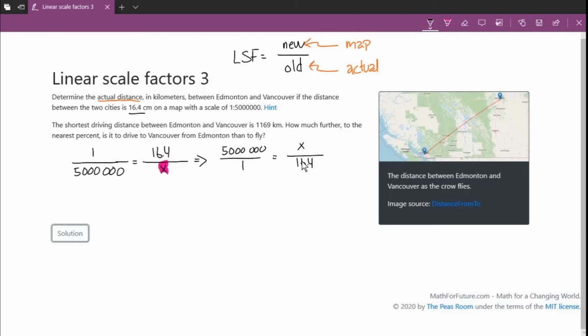Now we just have to multiply both sides by 16.4, so x equals 5 million times 16.4.